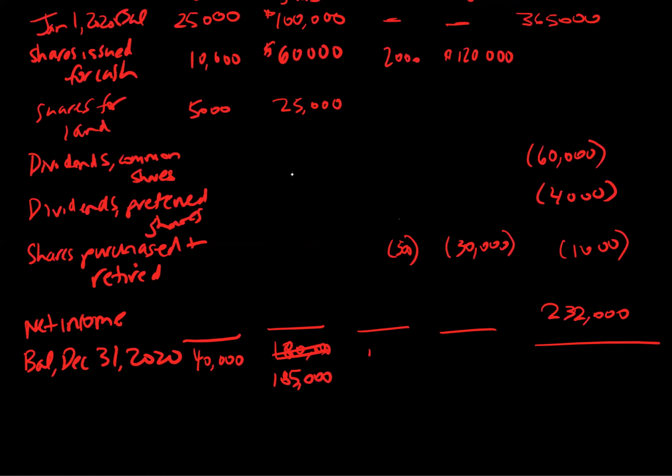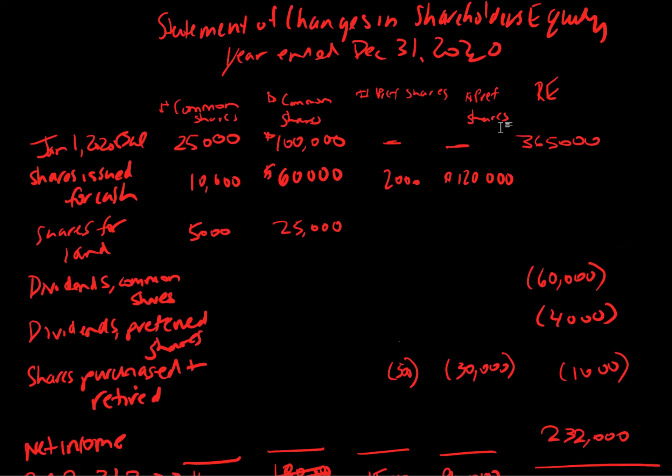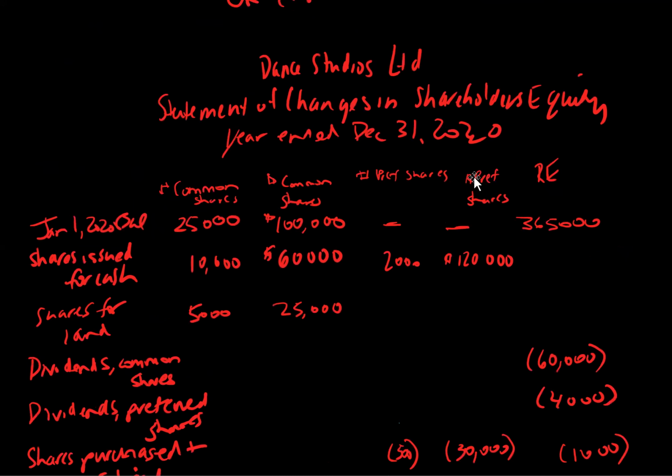The number of preferred shares is 1,500. The value of the preferred share equity is 90,000. And the value of our retained earnings is 532,000. Of course, picking up the opening balance plus the impact of the transactions throughout the year.